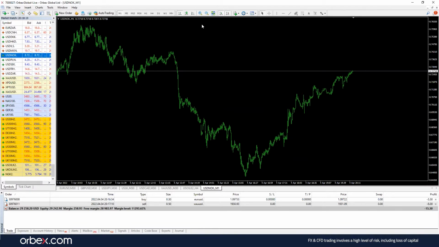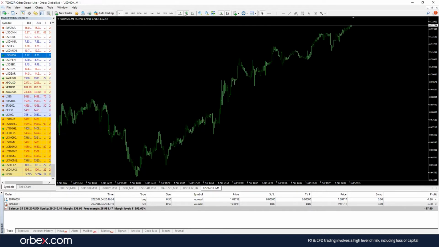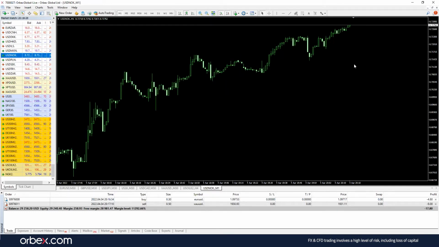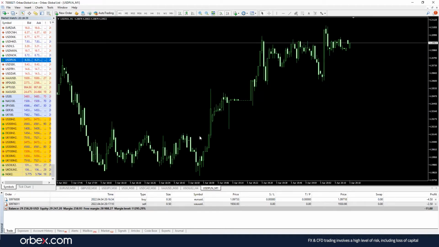Okay, the example that I wanted to show you was when we have a low liquidity currency pair, then we usually get gaps in the market throughout the day, but that's not the case with this one. Let's try dollar Polish zloty.